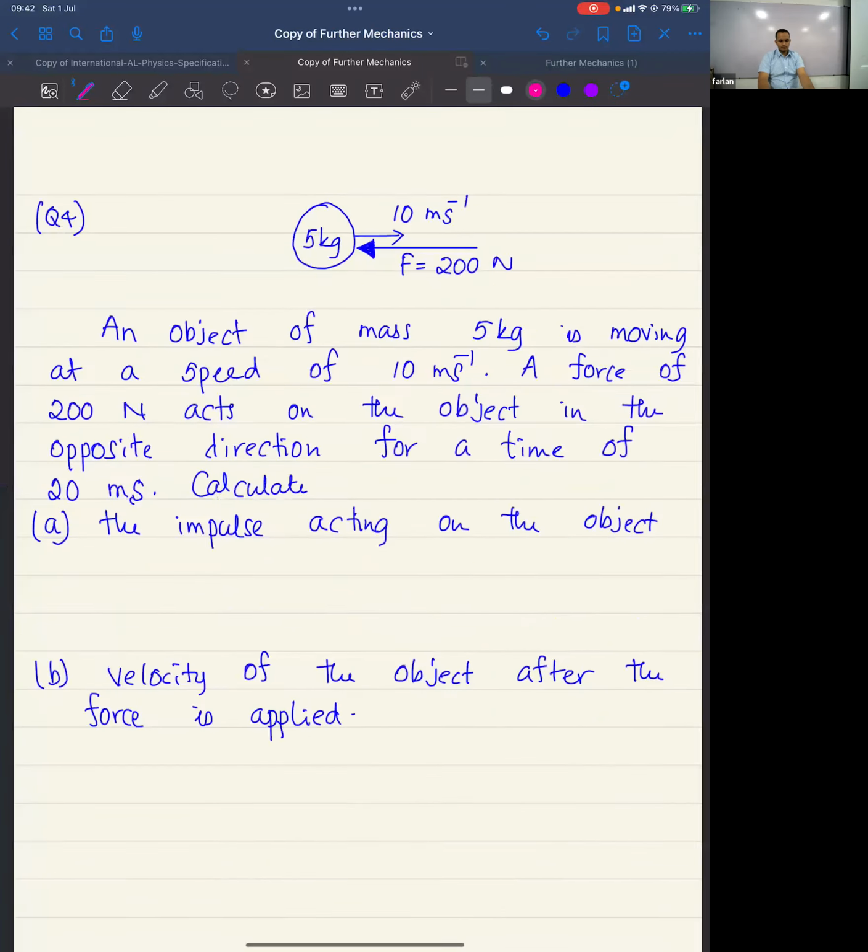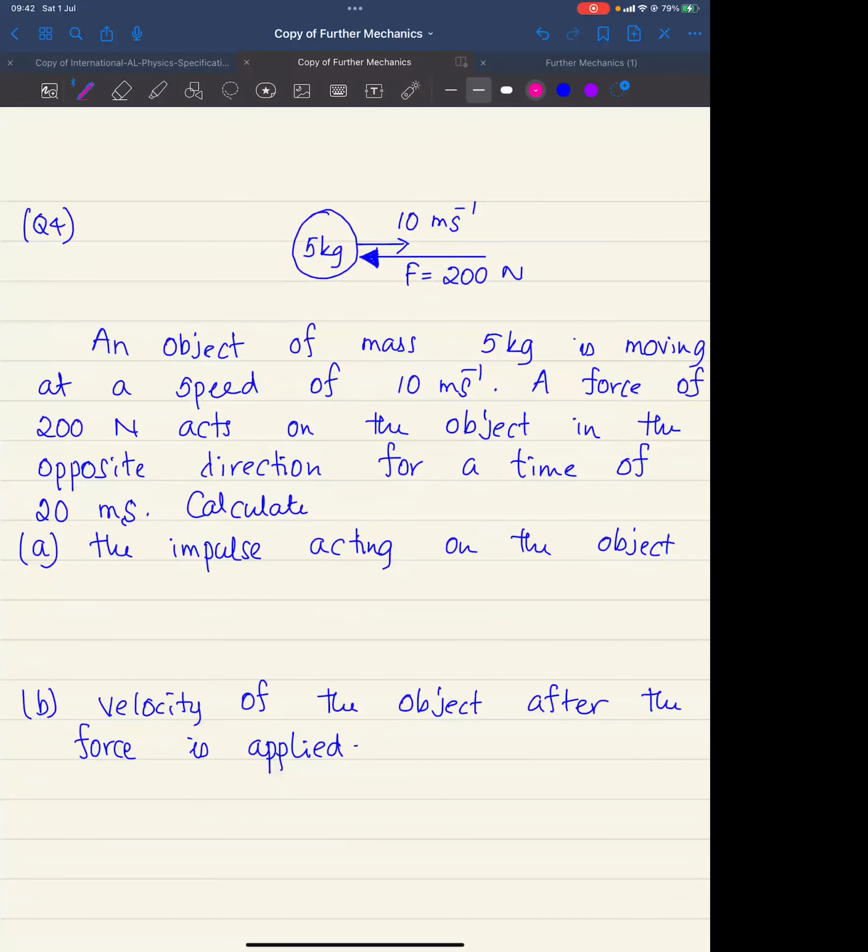Right under that, an object of mass 5 kilograms is moving at a speed of 10 meters per second.